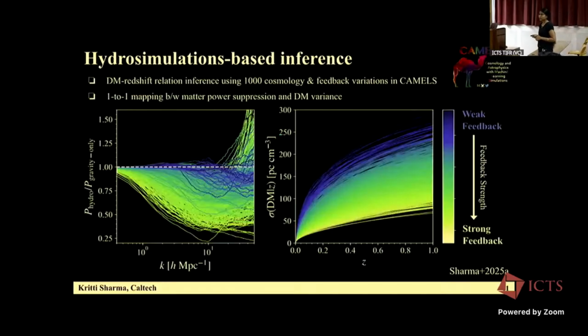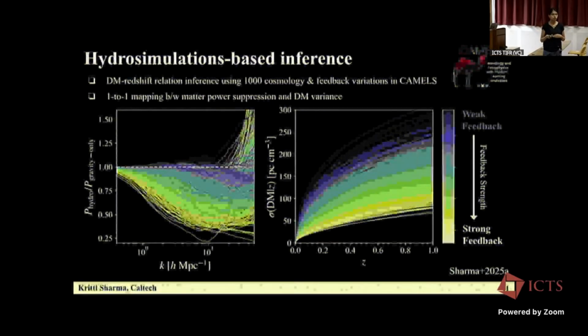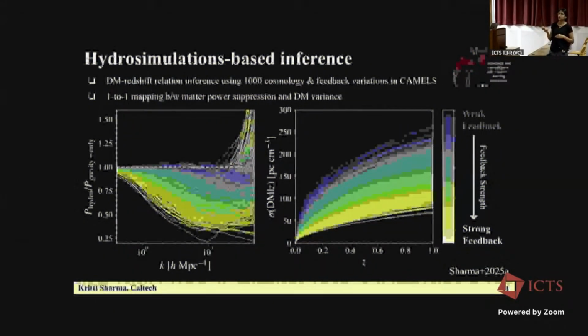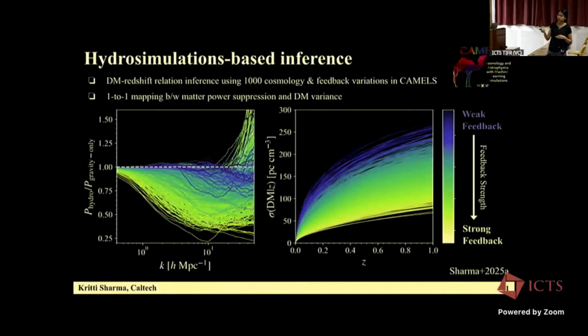In one of our recent works, which is what I wanted to present today, we used 1,000 variations of cosmology and feedback in the CAMELS project to look at correlations of variance in FRB dispersion measure as a function of redshift and the suppression of the matter power spectrum across different scales.